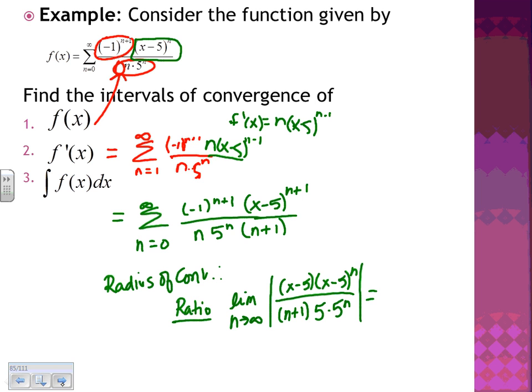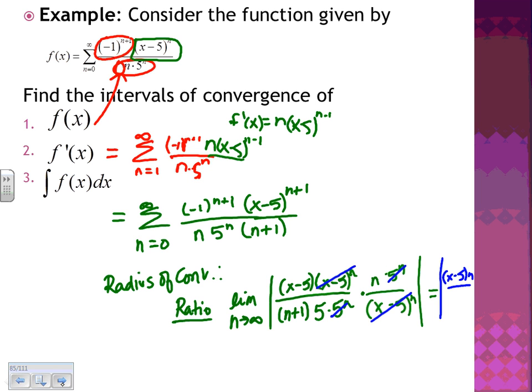So I rewrite that, x minus 5. Bigger on top, bigger on bottom, or the same?